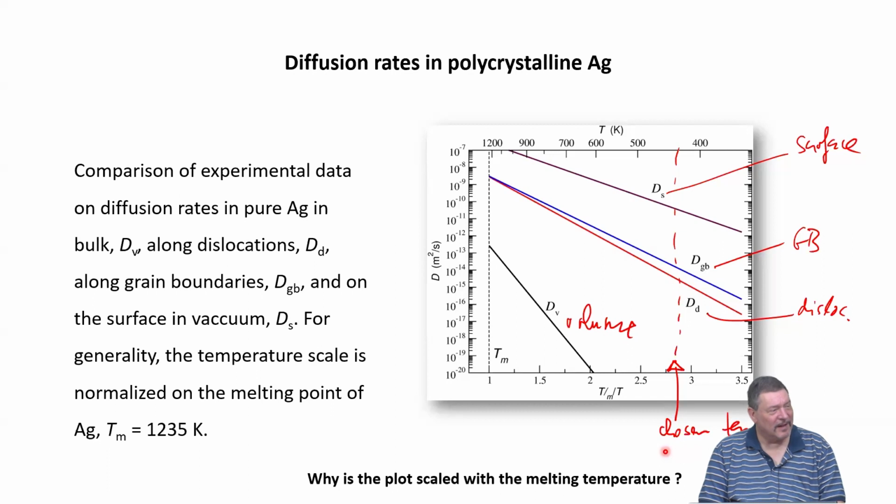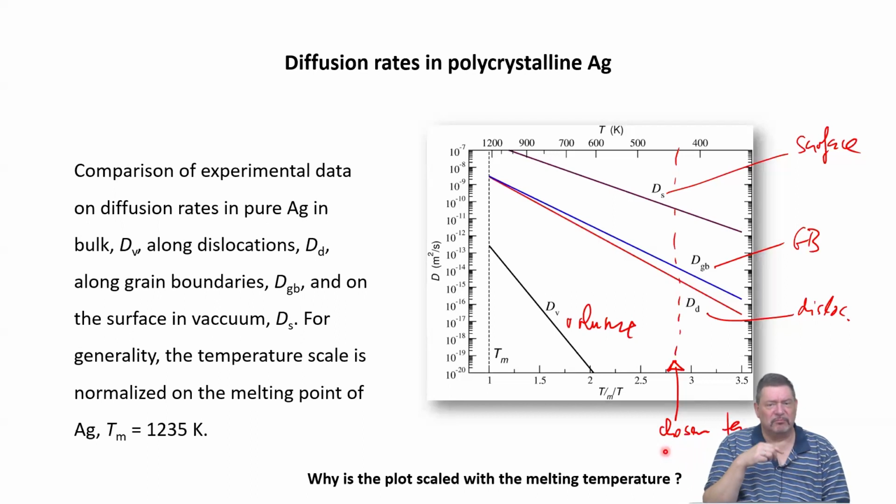Very good. So it's exactly right. The materials processes and their kinetics depend on temperature, but for different materials, it's not really the absolute temperature which plays a role, but the absolute temperature normalized by the melting temperature of the material on the same absolute temperature scale.